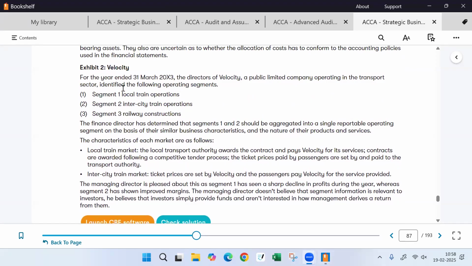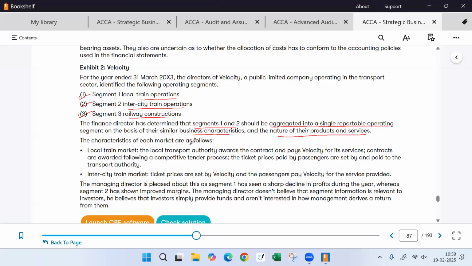For the year ended 31st March, the directors of Velocity, a public limited company operating in the transport sector, identified the following operating segments. Segment 1, local train operations. Segment 2, intercity train operations. Segment 3, railway construction. The finance director has determined that segments 1 and 2 should be aggregated into a single reportable operating segment on the basis of similar business characteristics and the nature of products and services.